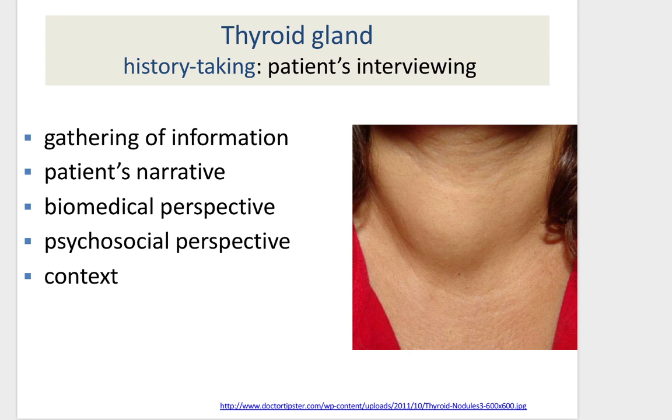History taking of patients with thyroid gland disorders. During interviewing, we are gathering information. We pay attention to the patient's narrative, biomedical perspective, psychosocial perspective, and context. You see a picture of goiter.